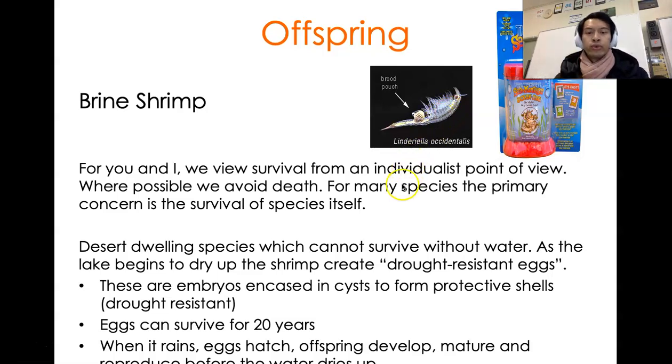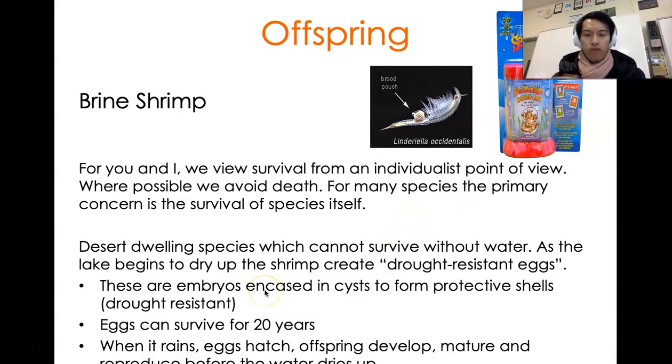And what they do is that before the lake dries up, they give birth to these eggs, and these eggs are highly drought resistant, right? And they can survive for up to 20 years without any sort of water supply, which is why you get them in these little dried up packets, right?